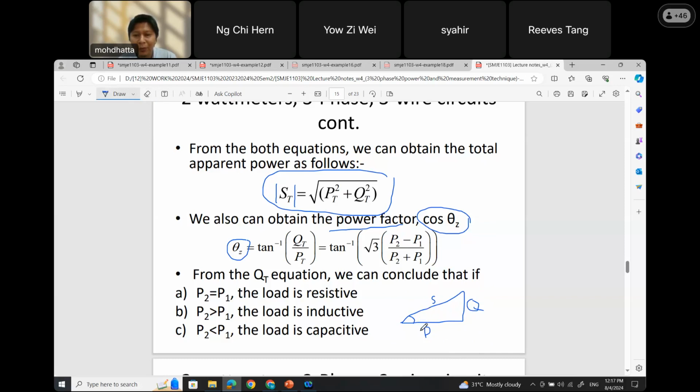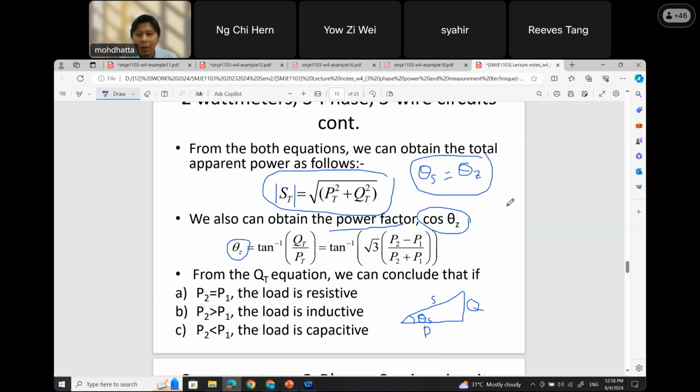This is theta, and this theta is basically theta S. What I'm trying to highlight here is that theta S equals the value of theta Z. This is something outside most of the textbooks. If you think about the angle itself, actually theta S is the same as theta Z.